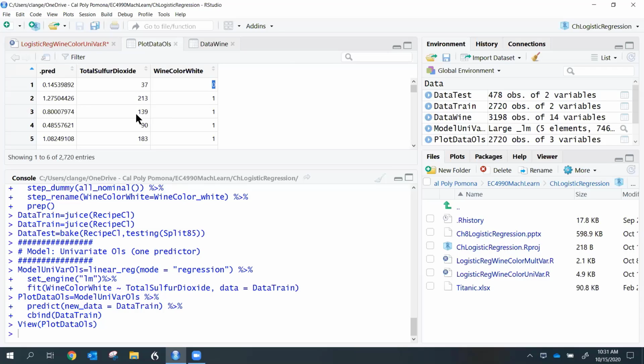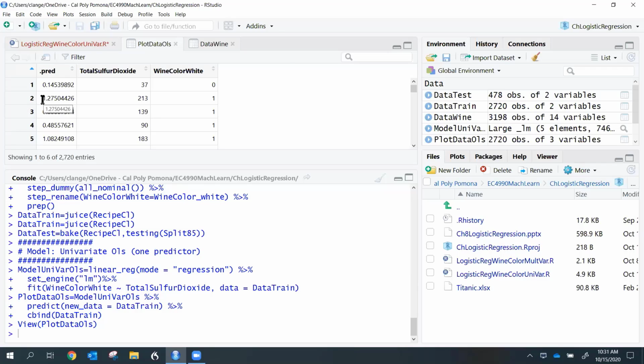Let's look at record number 3, that has 139 units of sulfur dioxide. It is actually a white wine, and the predicted probability for being a white wine is 80%. So if we consider that as white wine prediction, rounding it up to 1, then we can say this actually is a white wine.